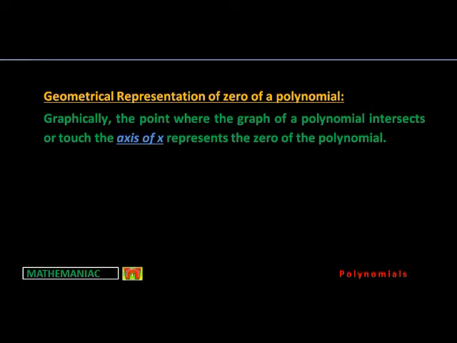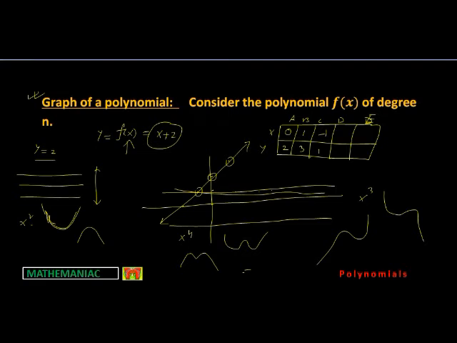Now next, geometrical representation of a zero of a polynomial. Graphically, what will we get? They have mentioned that graphically the point where the graph of a polynomial intersects or touches the x-axis represents the zero of the polynomial. Why? See, I'll go back to the previous slide. Did you get any value of x here which you put and it becomes 0?